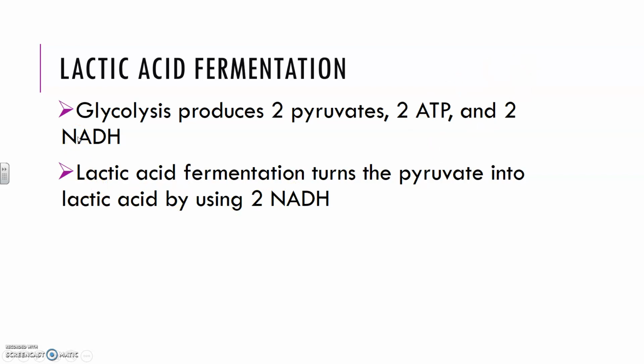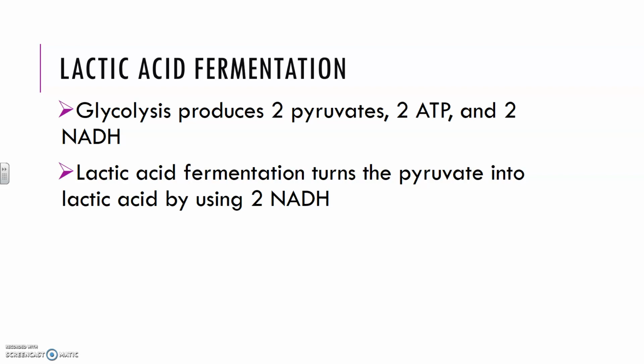Normally those NADHs get used in the electron transport chain. But at this point, they can't go there because you don't have enough oxygen to run the electron transport chain. And so you will eventually get backed up in glycolysis because you don't have any more NAD pluses to break down the glucose for energy.